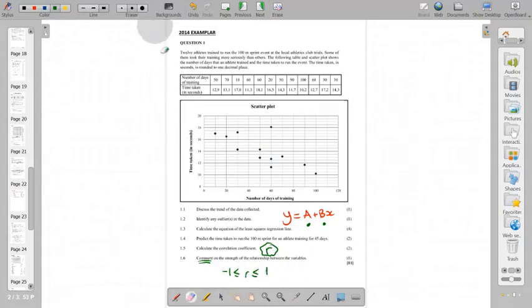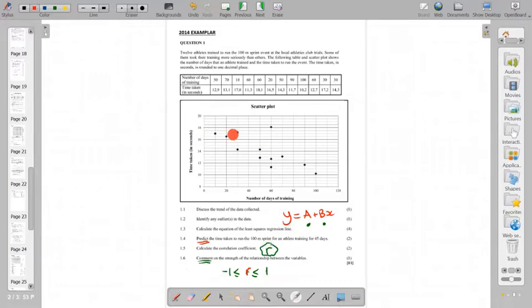The stronger the correlation, the more reliable the regression line is. Remember, we made a prediction in 1.4. We made an estimation. How reliable, how true that can be, depends on the correlation coefficient.